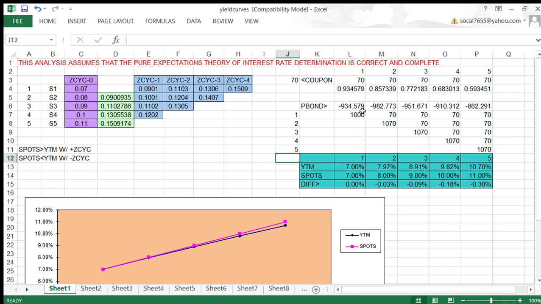You can see that in this formula right here.